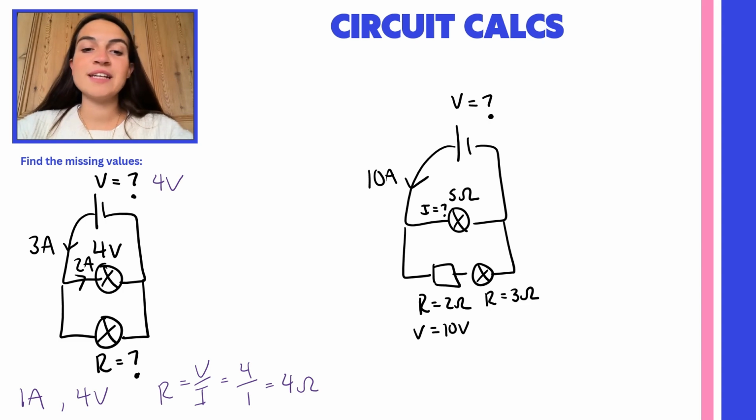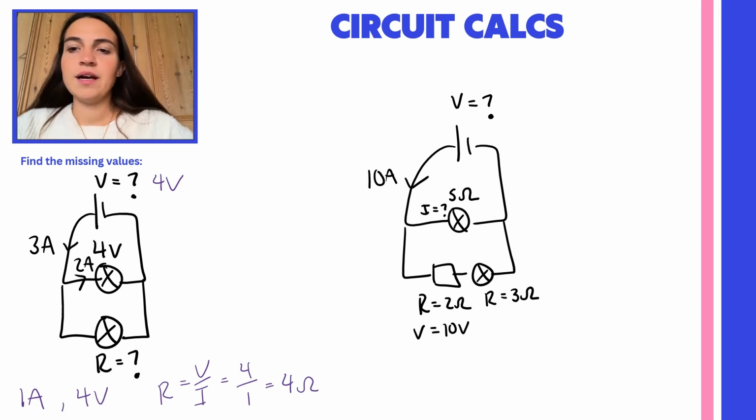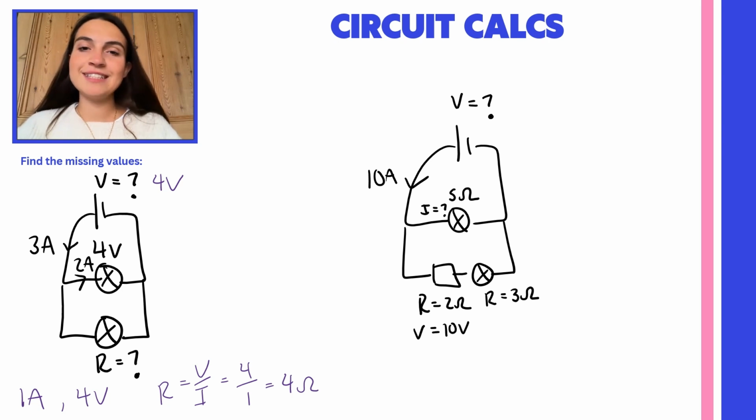Okay, and for my next circuit here, I have a parallel circuit, and I'm trying to work out the supply voltage, and I'm trying to work out the current that goes through that first bulb on the top branch. And I've been given lots of different information. If I hone in to the piece of information that I've been given about the bottom branch, which is that resistor there has a resistance of 2 ohms and a voltage of 10 volts across it, then one piece of information I can figure out is what is the current going through that resistor.